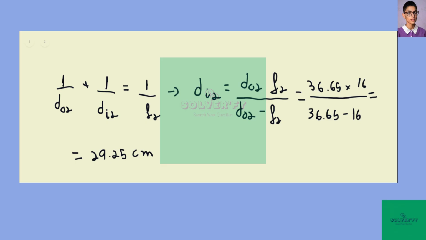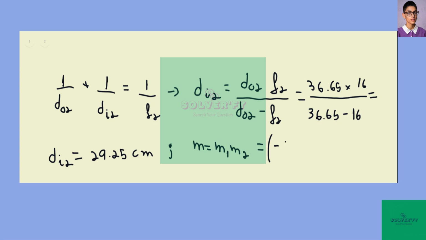So the final image is at 29.35 centimeters from the second lens, and the image is real. We can work out the total magnification of the lenses, because it's just the product of the two magnifications. So the magnification is the magnification of the first lens times the magnification of the second lens, and each is the ratio between the image and the object.